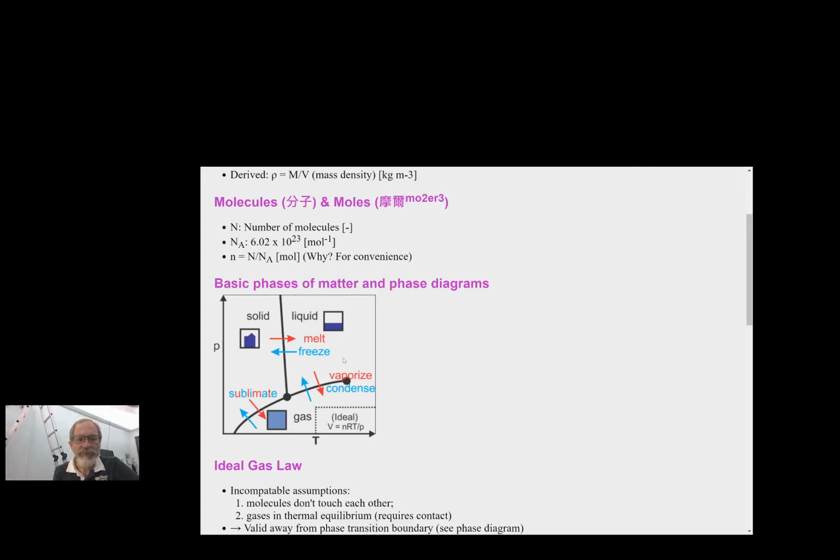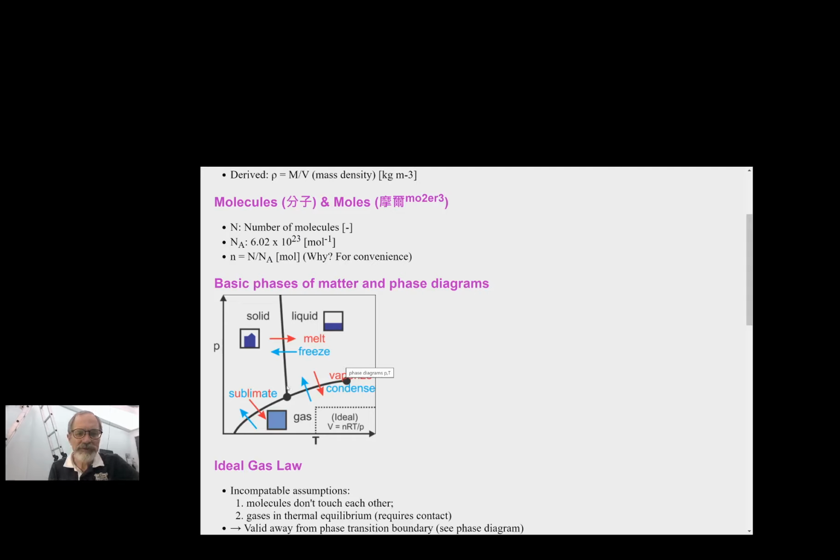So for example, let's say I'm at atmospheric pressure, here. If I'm very cold, I will have a solid. As the temperature increases, it will stay solid until it hits 0 degrees Celsius.